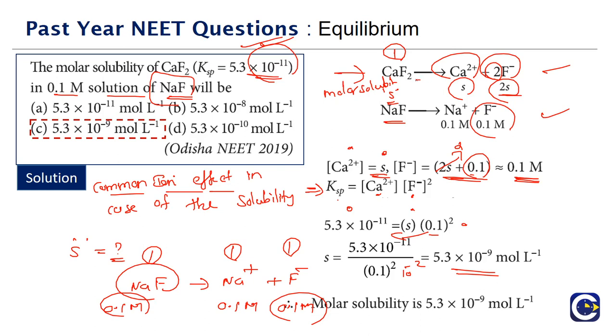The solubility equilibrium here is the dissolution of calcium fluoride. So the F minus contribution coming from the CaF2 part is negligible in comparison to the F minus contribution coming from the NaF part. With that simplification we are able to quickly get the answer.